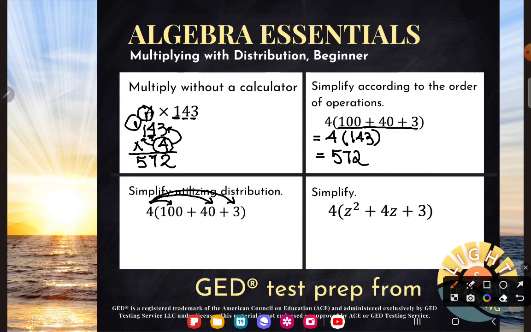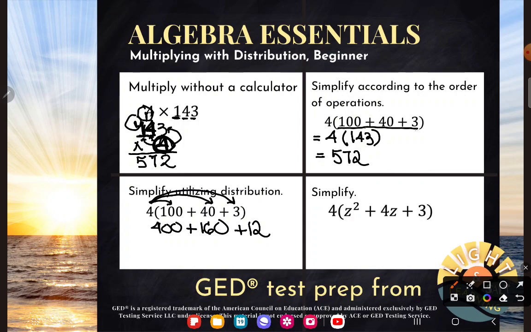And again, this is not how I do it if I was multiplying by hand. I'm just trying to show you something. So of course, 4 times 100 is 400, like we said up here when we multiplied the 4 times the 1. And then 4 times 40 is of course 160, like we said up here when we multiplied the 4 by the 40. And then 4 times 3 is positive 12, like we said up here when we multiplied the 4 by the 3.